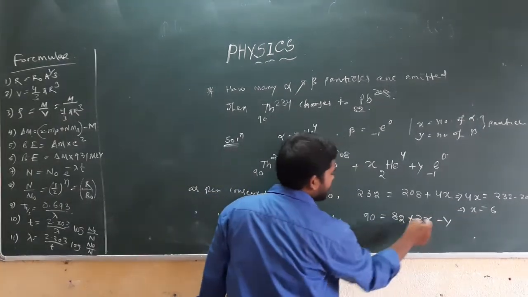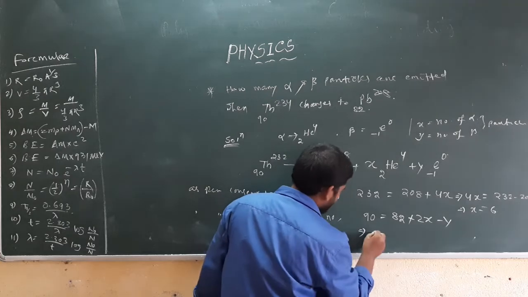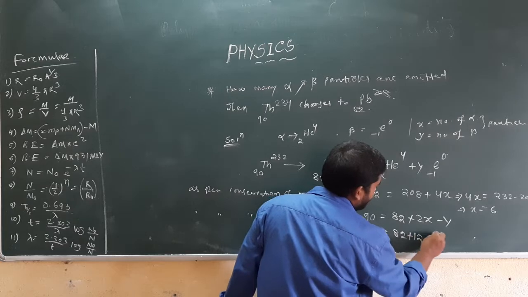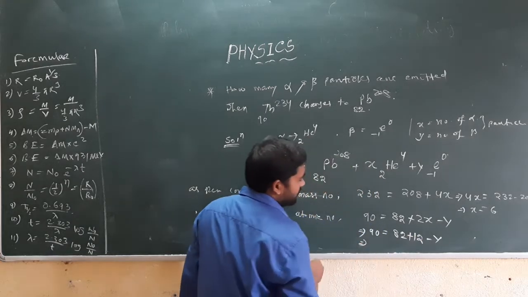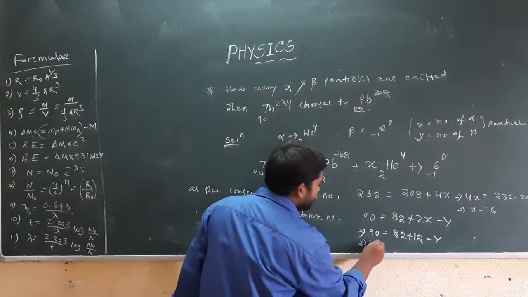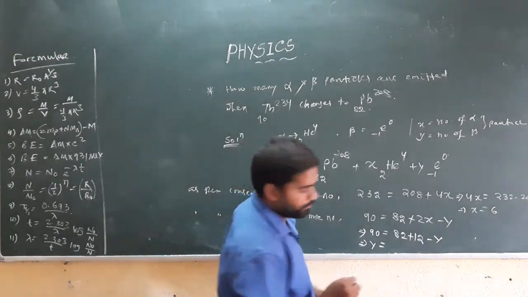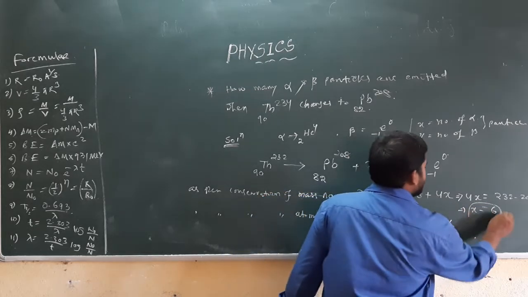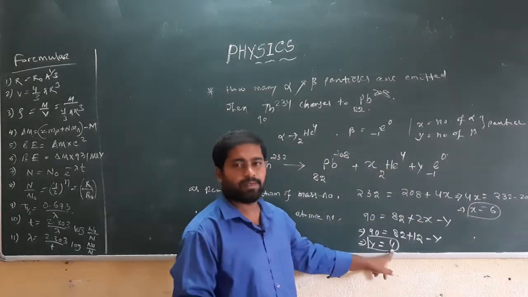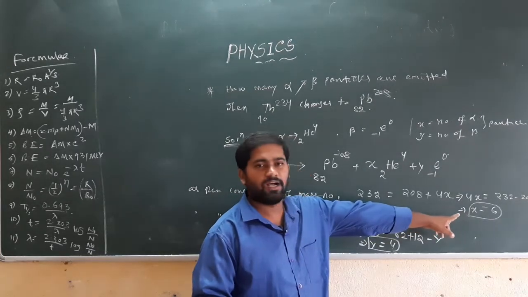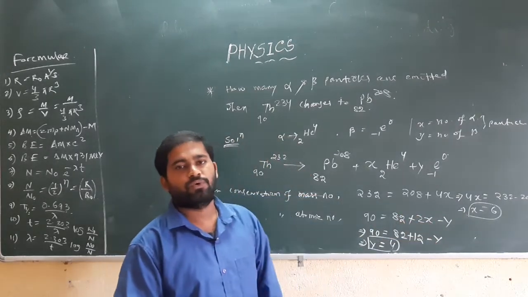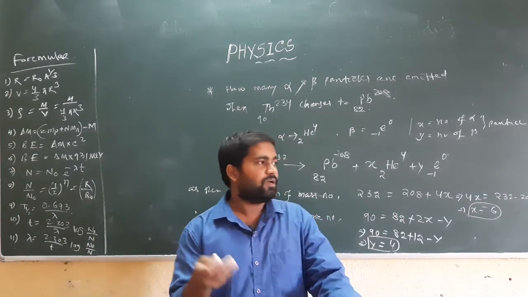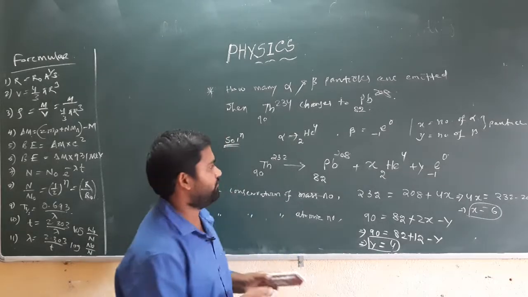If you substitute the value of x, that will be 90 equals 82 plus 12 minus y, so y equals 4. So there are 4 beta particles and 6 alpha particles emitted when thorium is converted to lead. Understand? Now another type of problem is on half life.